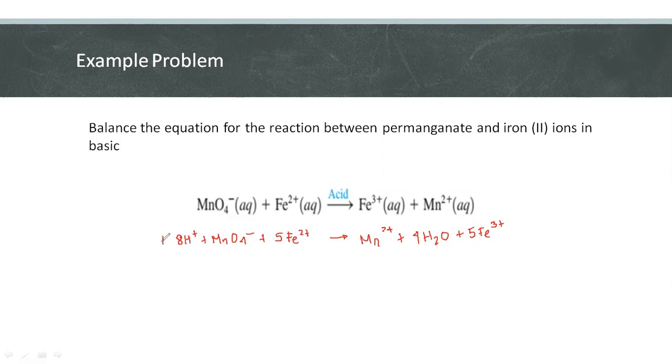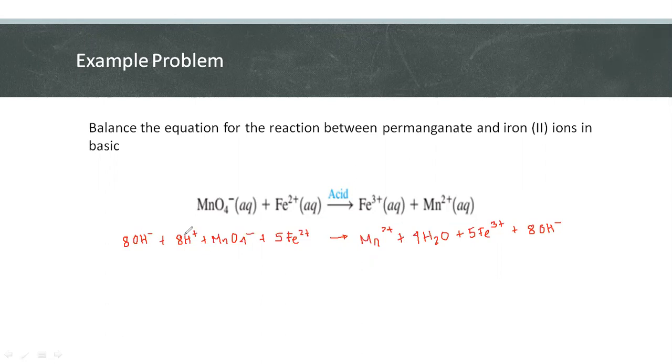So let's add hydroxide. 8 hydroxide, so that when we combine this with the hydrogen plus, we're going to have 8 water. Then at the right side also, we're going to add 8 hydroxide.